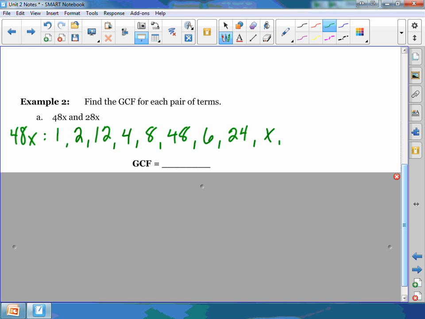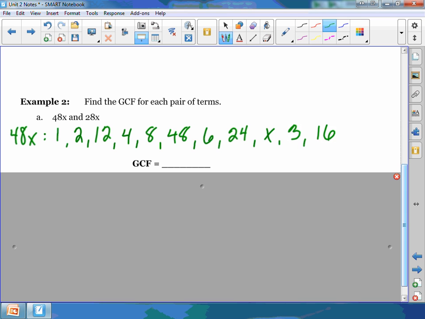We have 1 times 48, 2 times 24, 4 times 12, 6 times 8. 16. A lot of factors here for 48x, right?